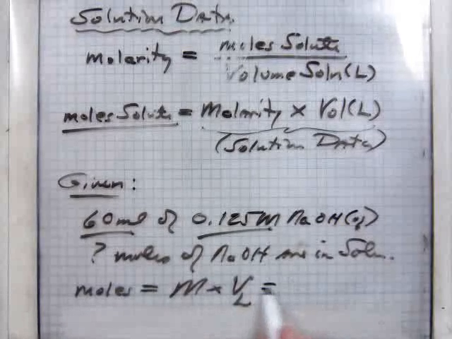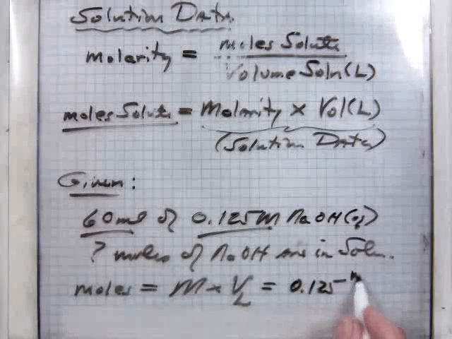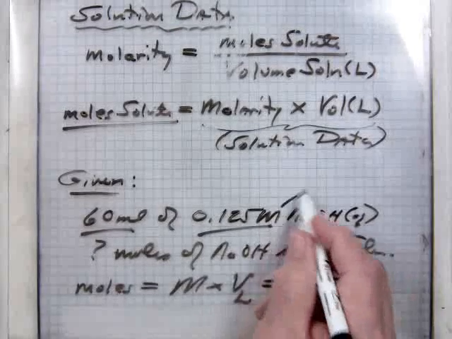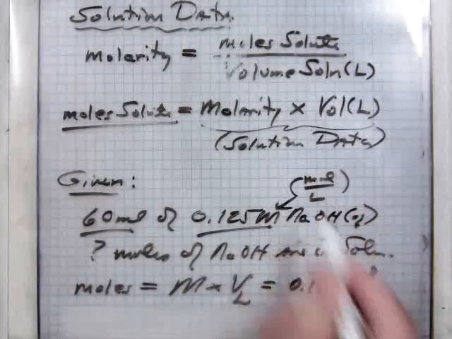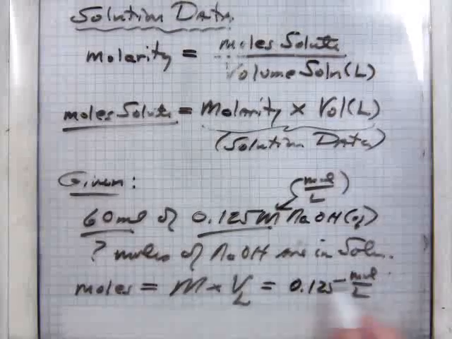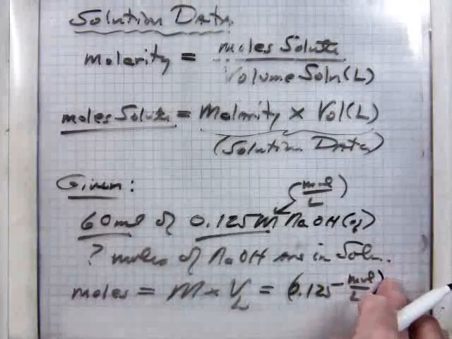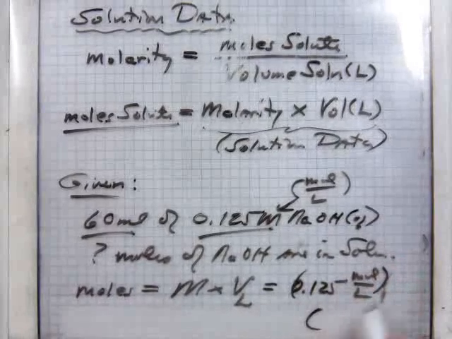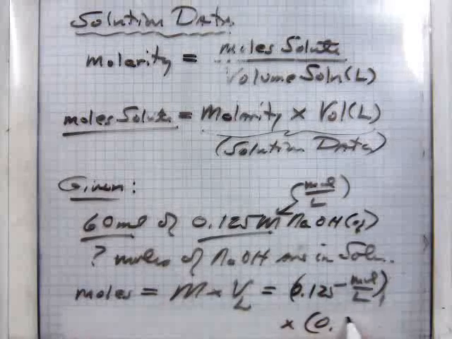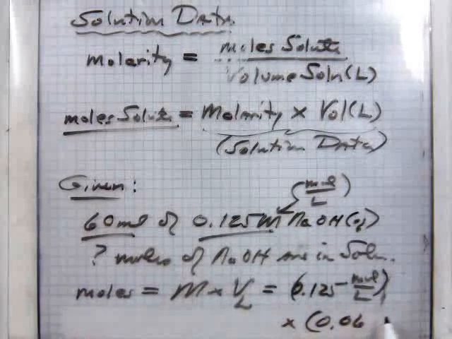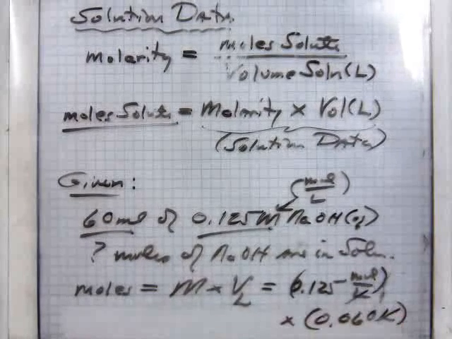So this one would be 0.125 molar, which is moles per liter, times 0.060 liters. Because liters drop out and you're left with moles. See that?